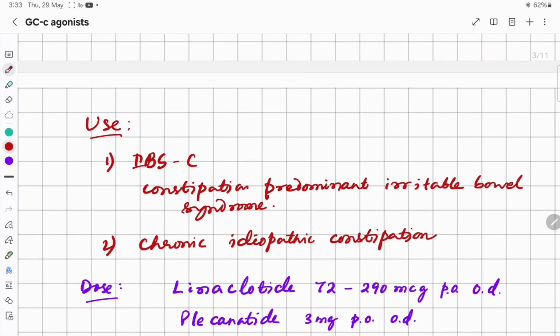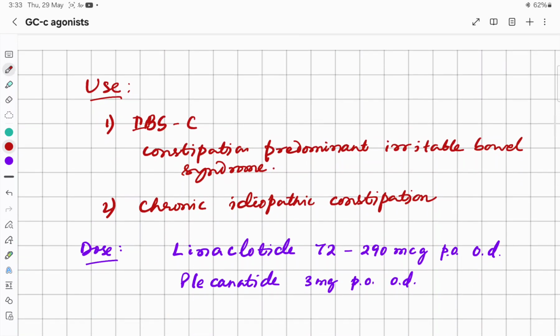So they can be used in irritable bowel syndrome, which is constipation predominant, and also in chronic idiopathic constipation, CIC. Both drugs are used once daily.